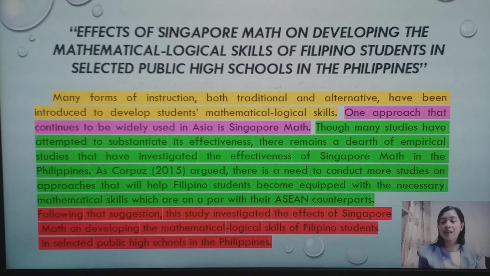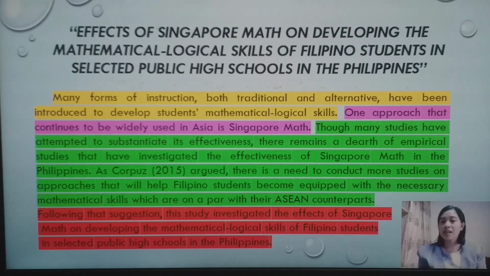The second sentence is the current and conventional practice. So it states, one approach that continues to be widely used in Asia is Singapore math. So this is now focusing on the solution or intervention that was already made before to develop students' mathematical logical skills.